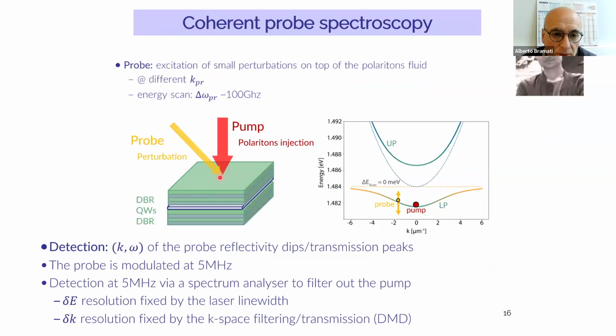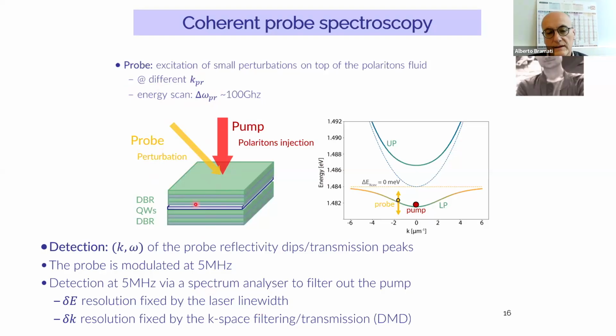We have a strong pump which creates the fluid, and then we have a very weak probe. We can create a perturbation on top of the fluid with our probe, and then we can scan the energy of the probe.